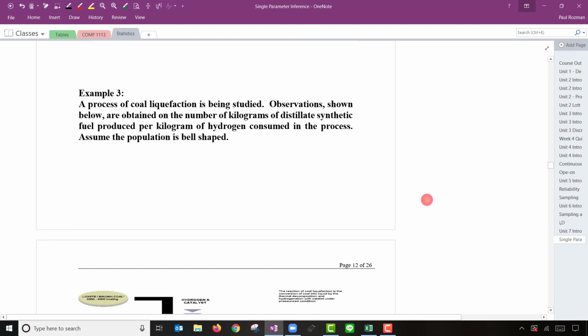So here's an example. We're liquefying coal, and we're keeping track of nice units again. The kilograms of distillate synthetic fuel produced per kilogram of hydrogen consumed in the process. So we're getting kilograms of fuel per kilogram of hydrogen. And we get to assume that this data is bell-shaped or normally distributed.